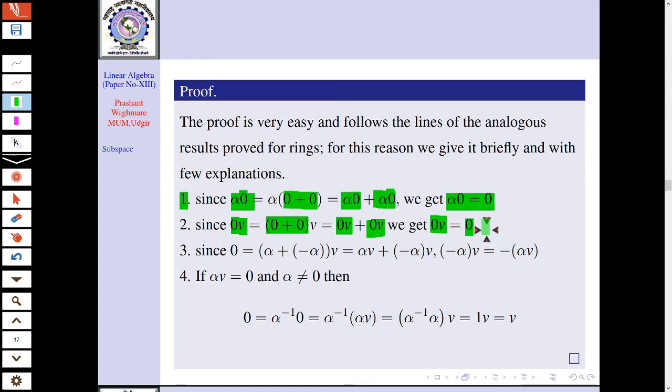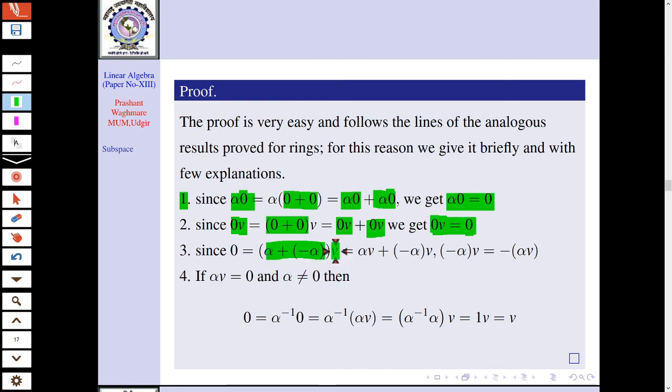Now the next thing is what I want to prove. I want to prove that minus alpha into V is the same as minus bracket alpha into V. Now to prove this, you can consider 0 as alpha plus minus alpha. Before this step, one can write 0 is equal to 0 into V, and this 0 can be written as alpha plus minus alpha.